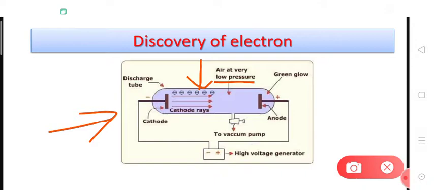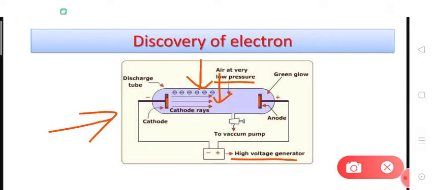There were 2 electrodes, one cathode and the other anode, fixed in the glass tube. These 2 electrodes were connected to a source of high voltage, so that the voltage worked on the gas present inside the glass discharge tube.